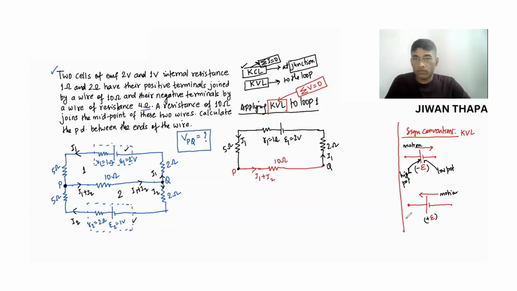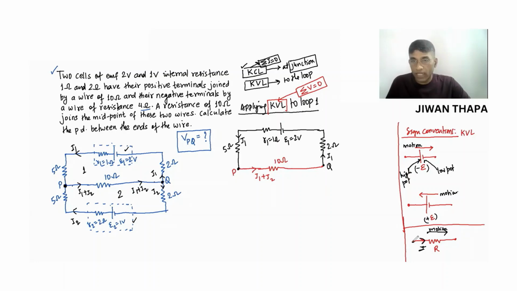Now next, let's say we have resistance R, and current is flowing along this direction, and we are moving along the direction of current.